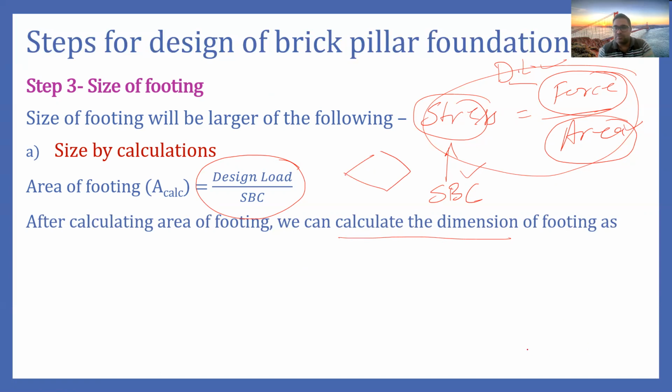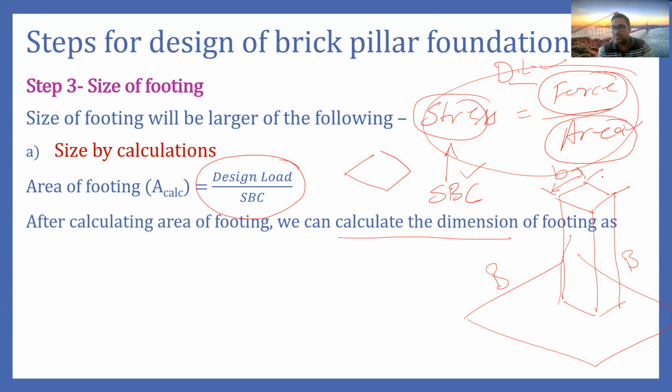Suppose the size of footing is square, which means this is B and this is also B, and above it we have the column. If we consider this as small b and this as small b, small b represents the cross-sectional dimension of the column and capital B shows the sides of the foundation.